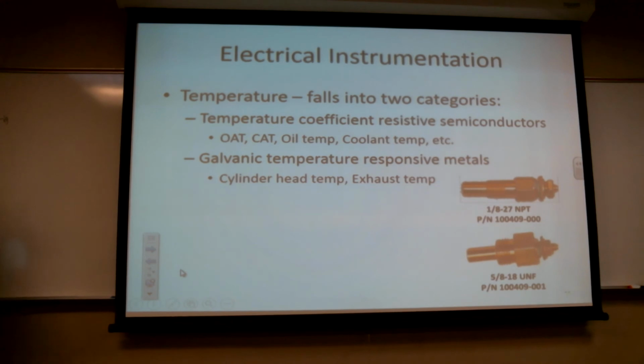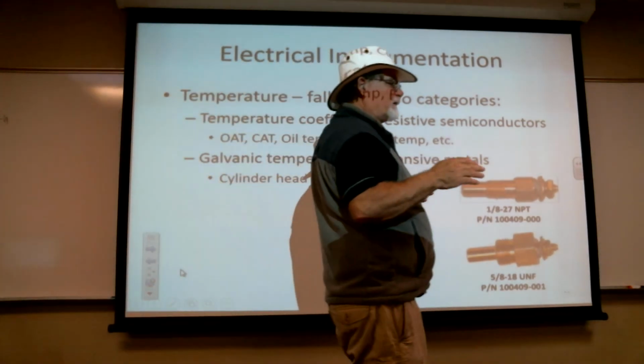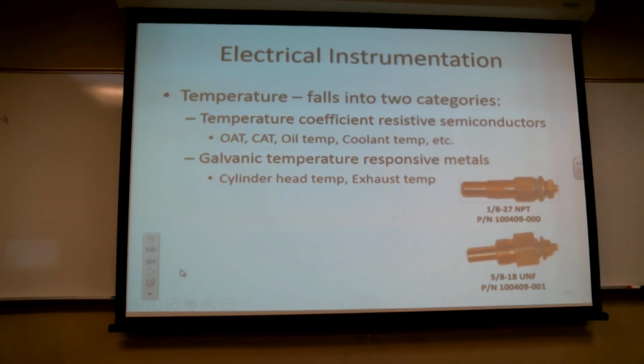From about, and I forget what it is, minus 50 degrees up to about 500 degrees, as you heat carbon up, its resistance will go down. So it's a negative coefficient up to a certain point, then it starts going the other direction.